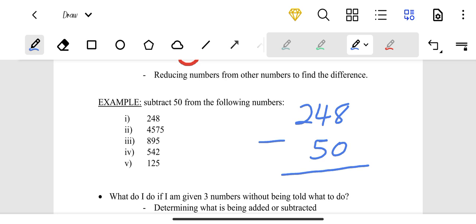Remember, we're subtracting. If you check, 8 minus 0 is just going to give you an 8. But then if you say 4 minus 5, it's literally going to be negative something. So how do I subtract that? I'm going to come this side. I borrow a 1. So it means that now I have 14 minus 5.